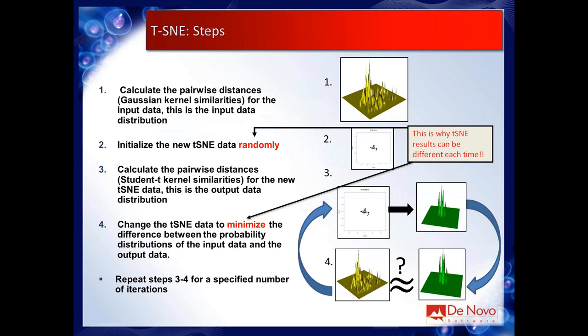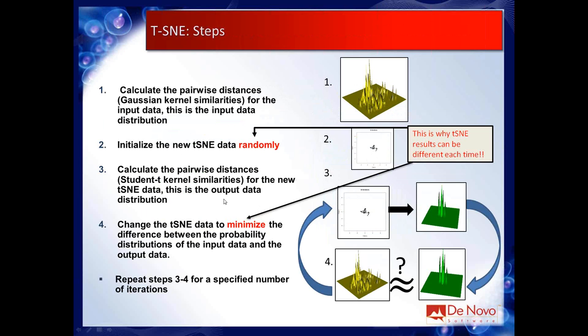So here's a really short overview of how the algorithm works. The algorithm first starts with the input data, the high dimensional input data. It calculates a distribution over that data by taking the distances between all pairs of points. And then you randomly initialize your new tSNE data, your new 2-parameter data.